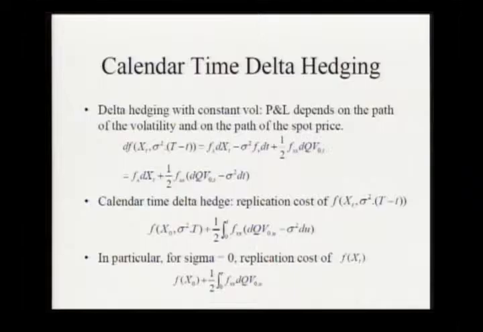And what you see is that you manage to replicate until time small t. I mean, you have to add up those different non-self-financing elements here. So what does it mean?